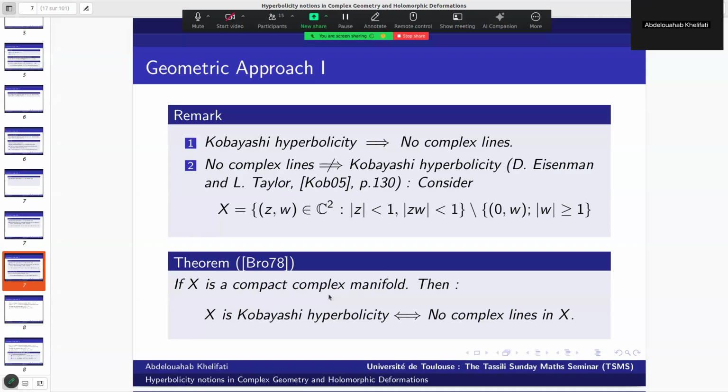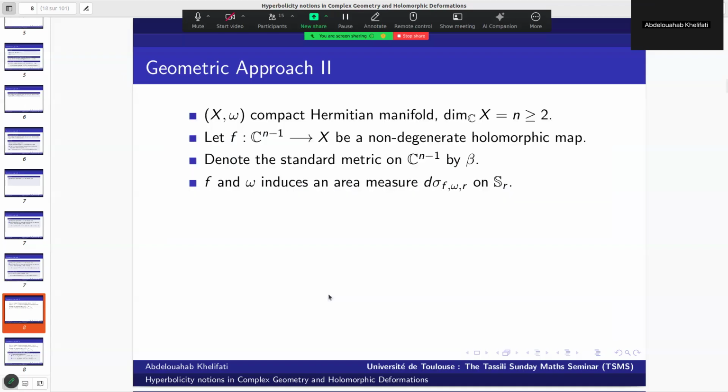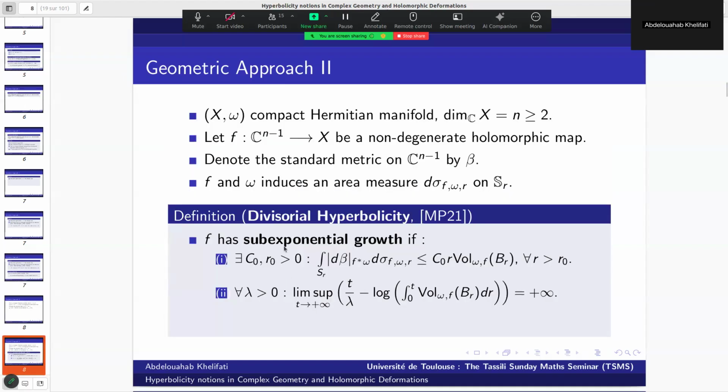In particular, this is one of the reasons why we do not take all the holomorphic maps from C^(n-1) to X in higher dimensions to define hyperbolicity. We take just those of sub-exponential growth, exactly because of the Brody lemma in dimension 1.